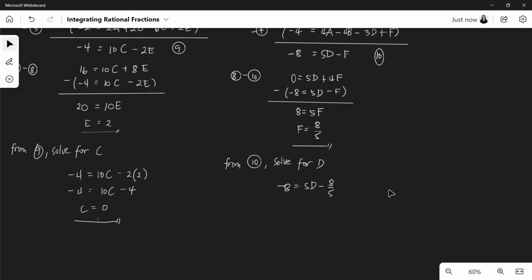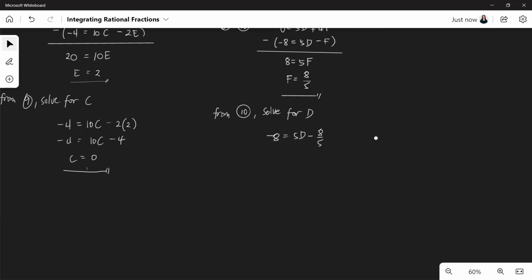Negative 8 plus 8 over 5, or just multiply everything by 5. So it's negative 40 equals 25D minus 8, or negative 40 plus 8 is negative 32 equals 25D. So D is negative 32 over 25. So we have the fourth unknown.